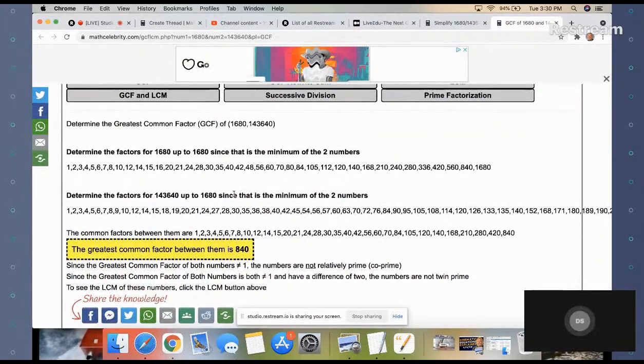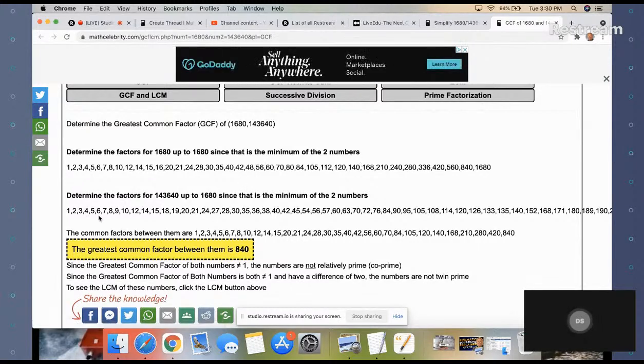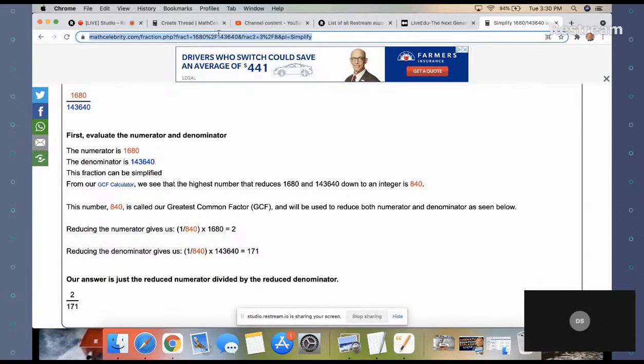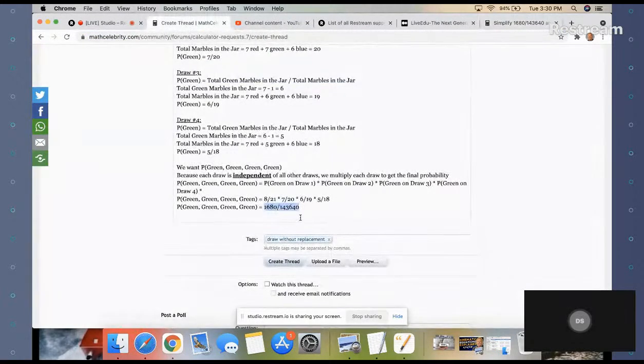And I'm going to put a link to this in the problem. So you list out all the factors of the denominator, and then it's going to find the common one, which is 840. So we'll close this. 2 over 171 is our final answer.